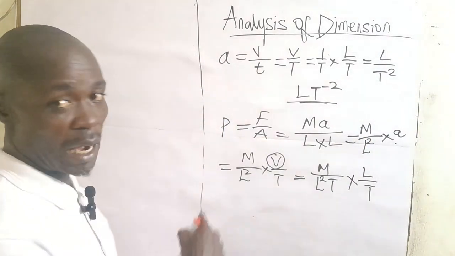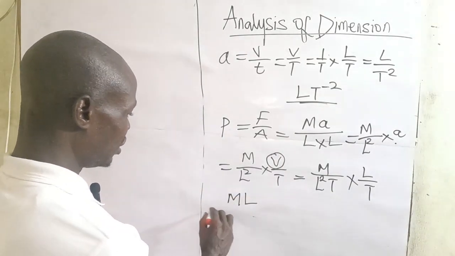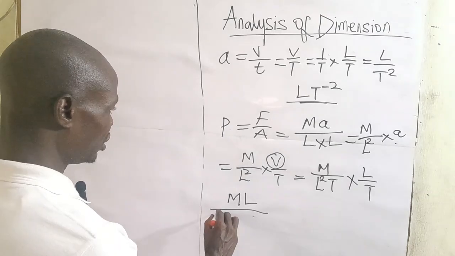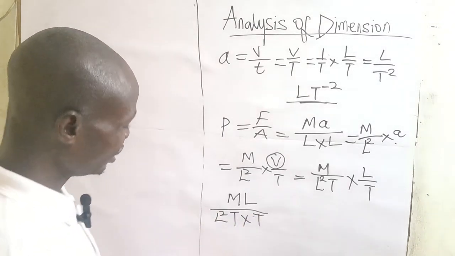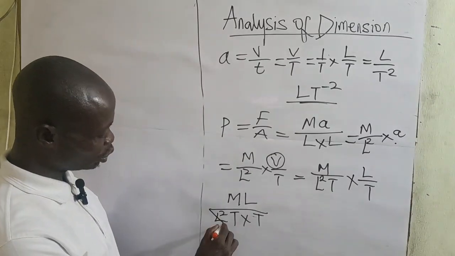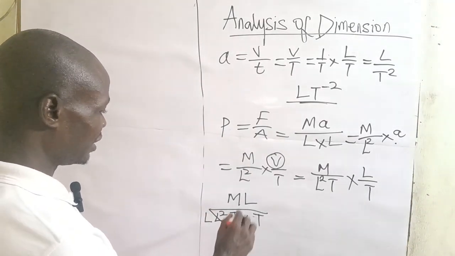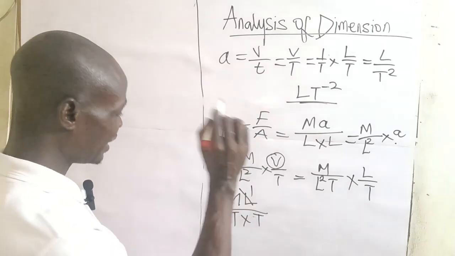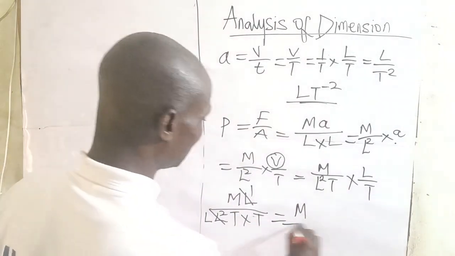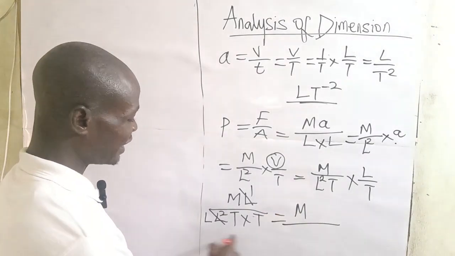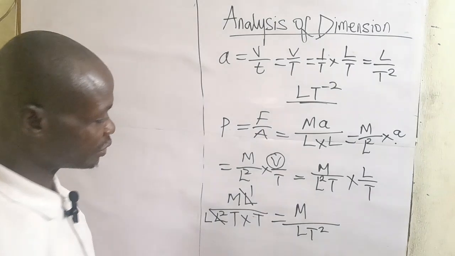Coming down here, I will multiply the numerator. I will have ML all over L squared T multiplied by T. So I have one L in the numerator and two L's in the denominator. I will cancel one L, and I am left with one L. Then I will cancel one T, leaving one. So I am now left with only M in the numerator, and L T squared in the denominator.